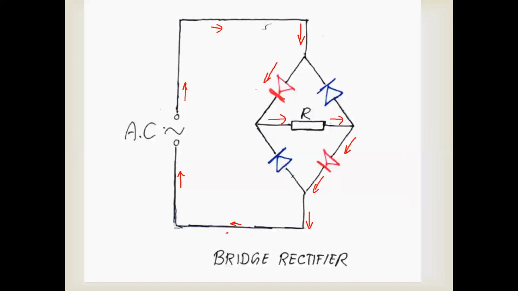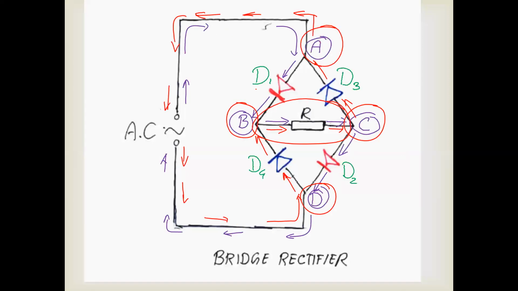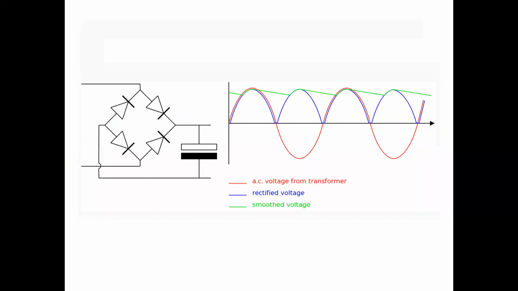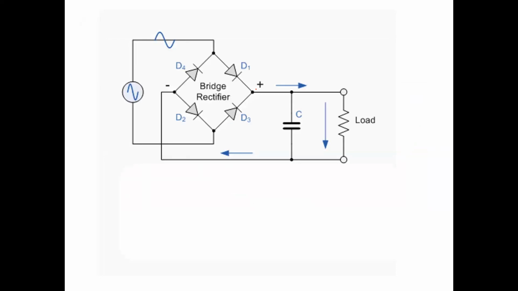So after copying the diagram, these are the 4 diodes.